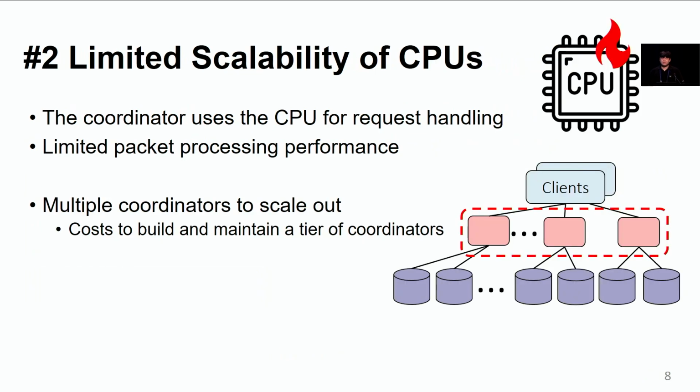The second reason is that the coordinator node is a commodity server that uses a CPU, and the CPU has limited packet processing performance. So if we want to support multiple servers, then we should provide multiple coordinators as well. However, this incurs additional cost to build and maintain a tier of coordinators.